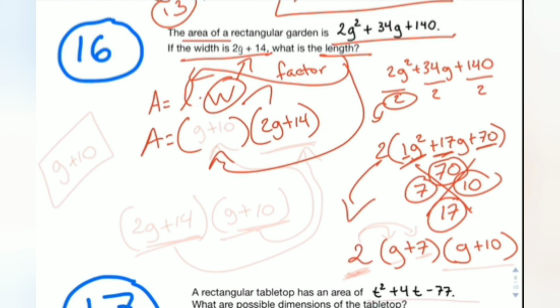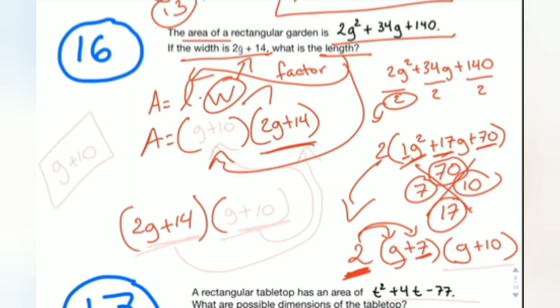Okay, so we know one is 2g plus 14, right? So let's multiply this 2 into one of the parentheses. We do the spider. 2 times g equals 2g, and 2 times 7 equals plus 14.